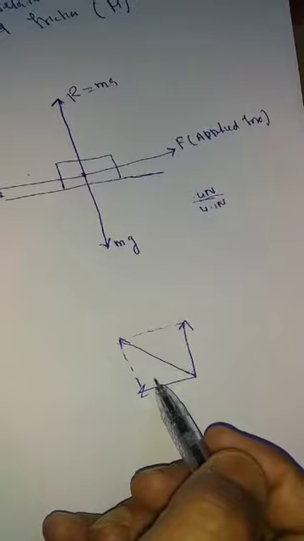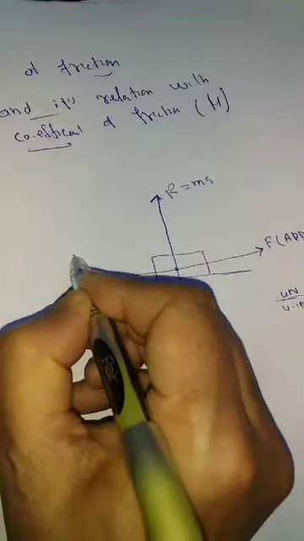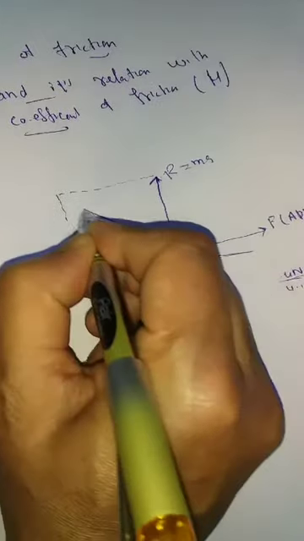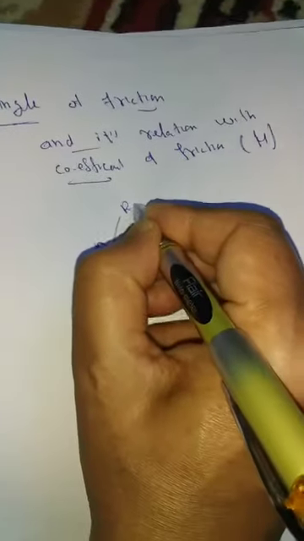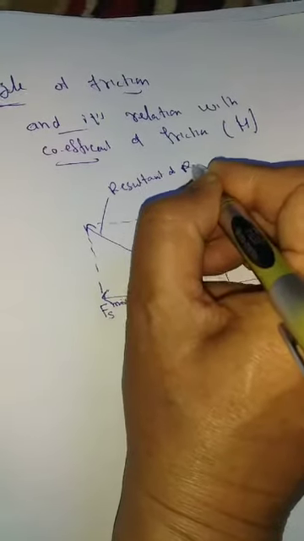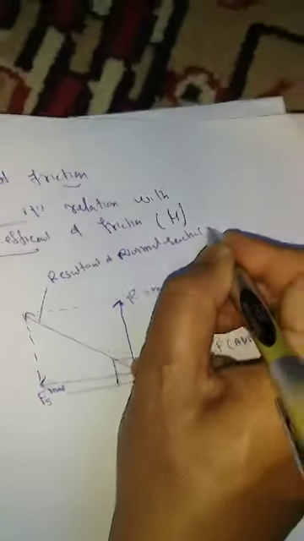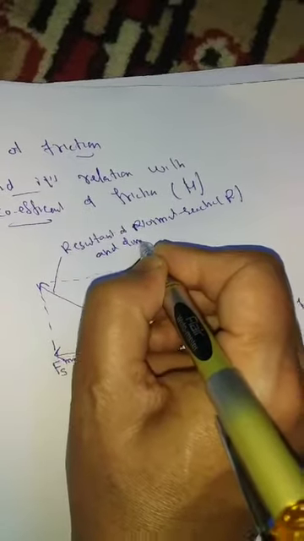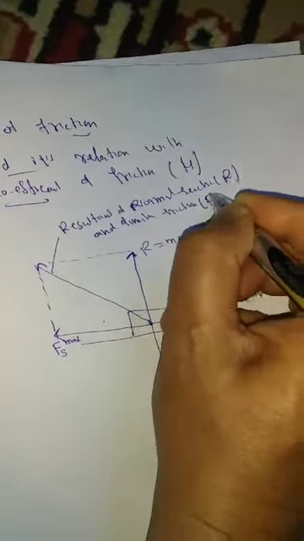If you remember the vector classes, I find the resultant of these two forces, the normal reaction and the limiting friction. R means normal reaction, denoted by R. Limiting friction is the maximum value of static friction, which I discussed in the previous class.